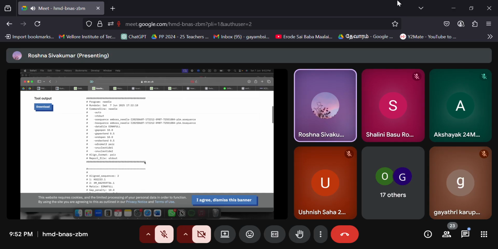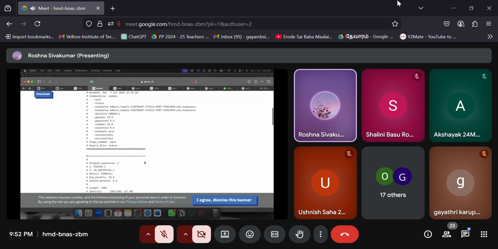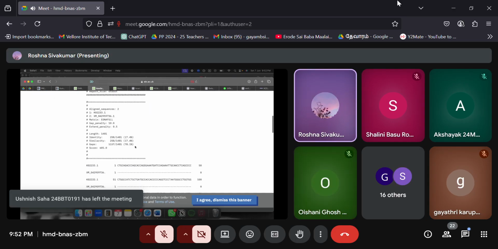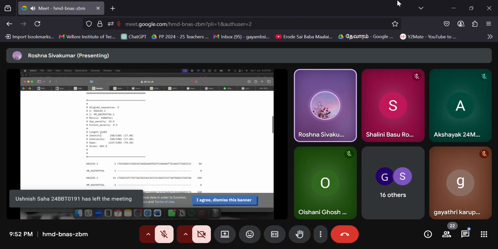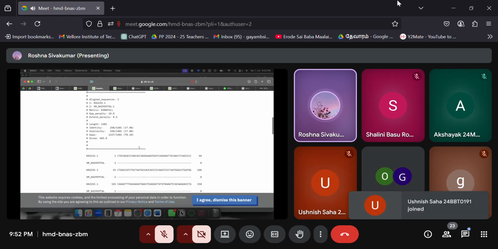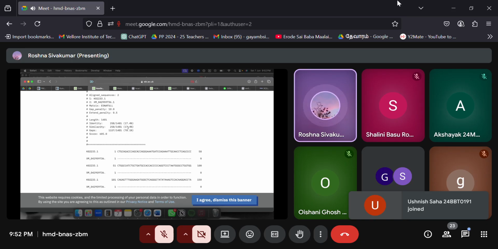Okay, so this is our output. Since this is local alignment, the tool has found 17% identity and 17% similarity, and 78% gaps have been introduced.